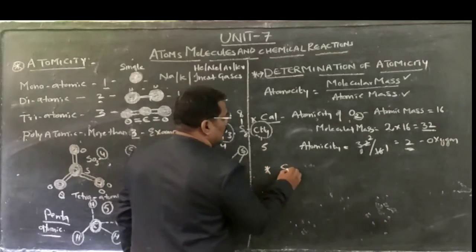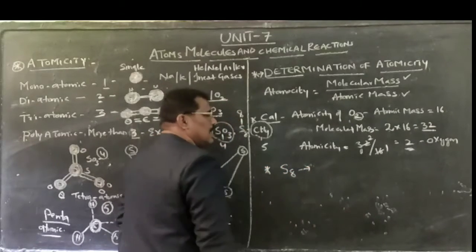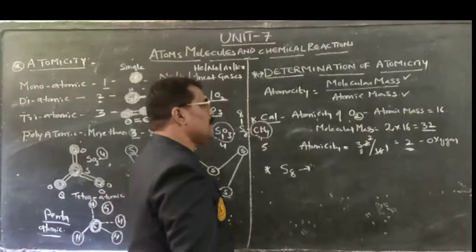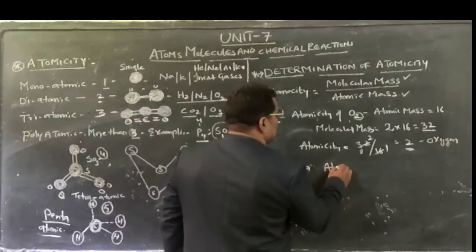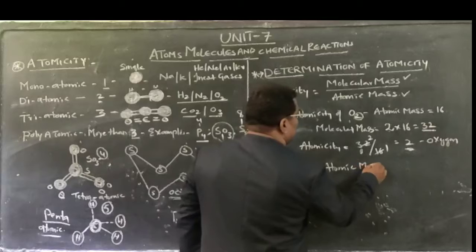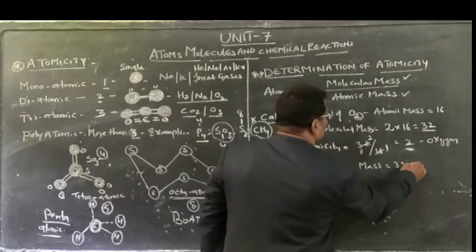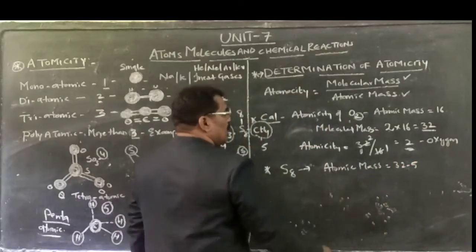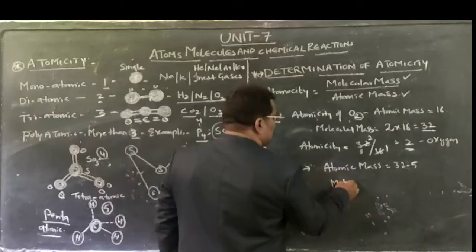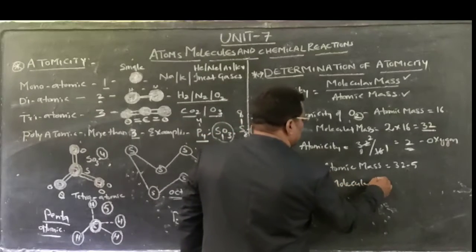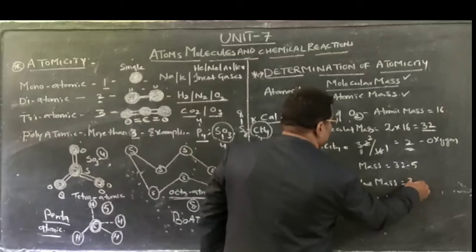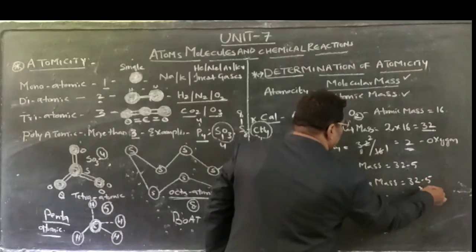Similarly, let us calculate the atomicity of sulfur. The atomic mass of sulfur is 32.5. And for the molecular mass, molecular mass is equal to 32.5 into 8.